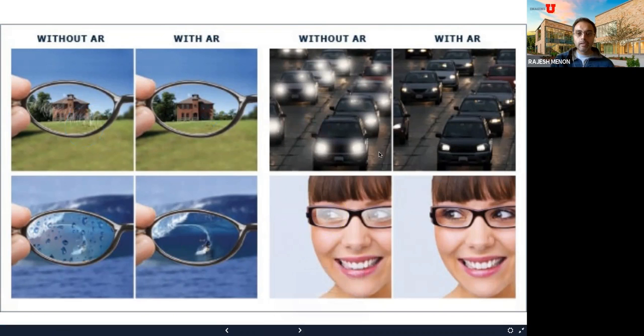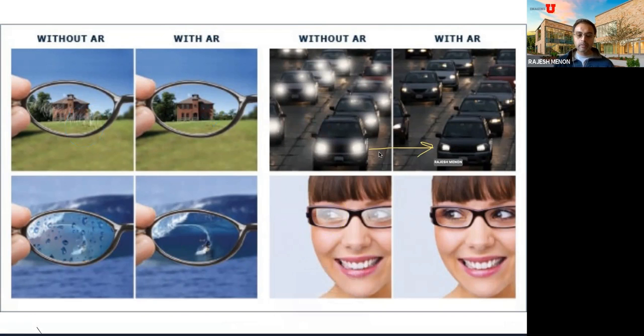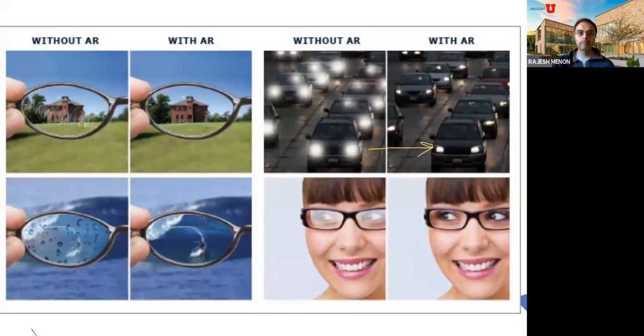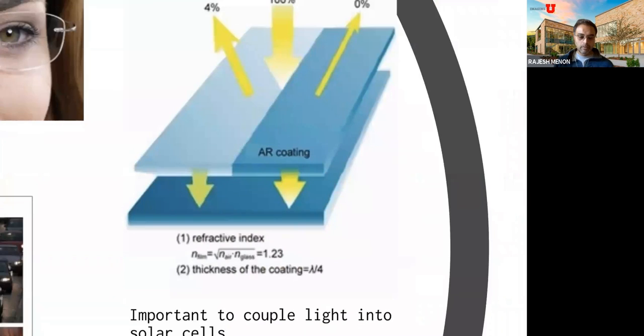Now, how do we go from here to here? What can we do? We can design a coating to prevent that reflection, okay? Now, the halo problem is a little bit different, but anyway, we can assume similar things. So this is exactly what we want to do. We have 100% of the light coming in, and we want to have 0% bouncing off, right?